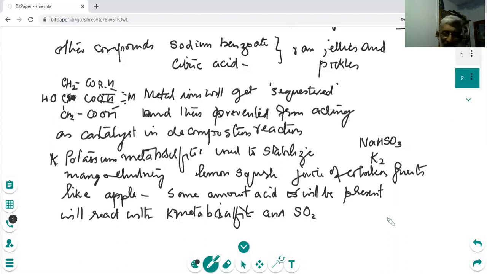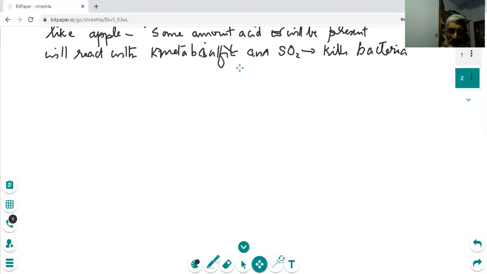And this sulfur dioxide kills the bacteria. So this is how this material works.